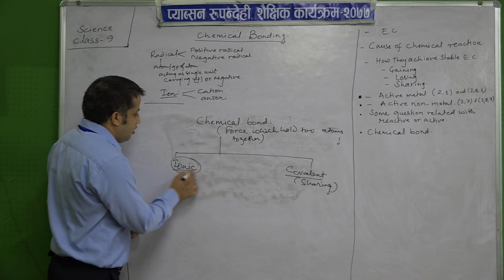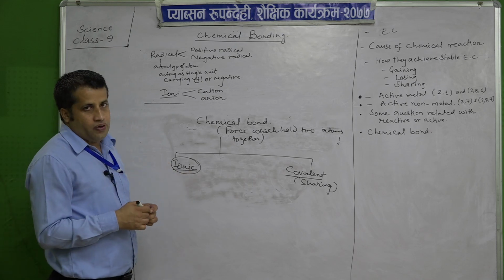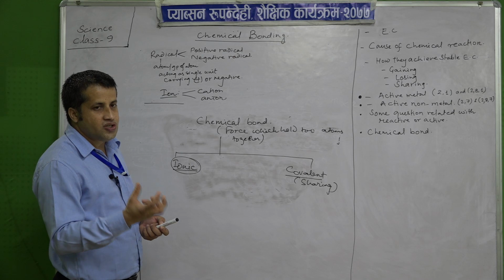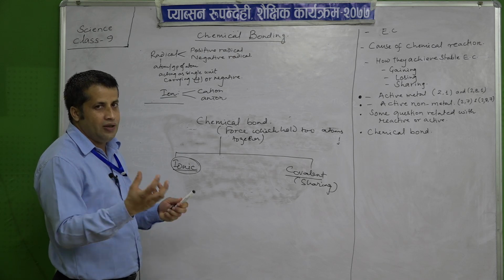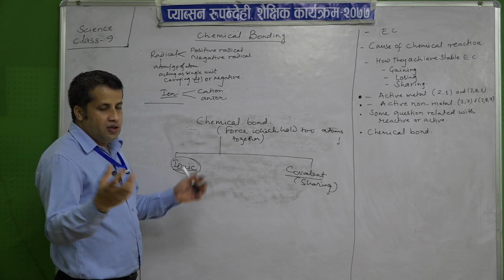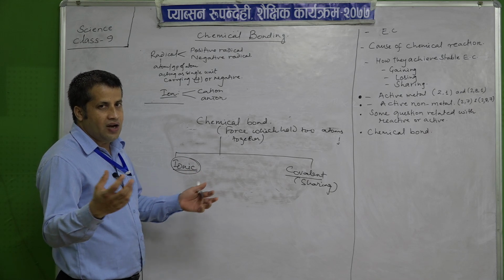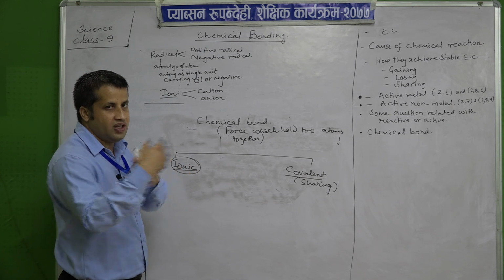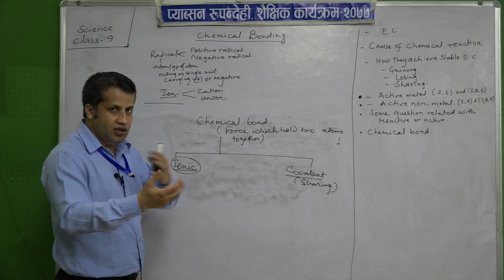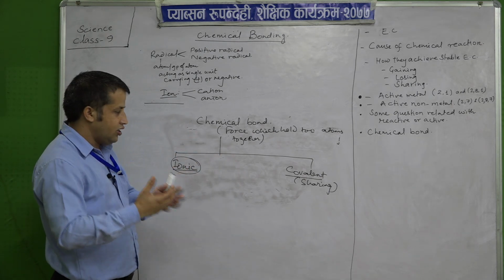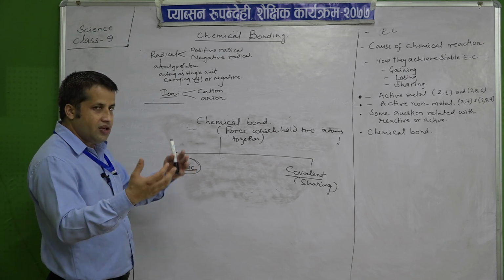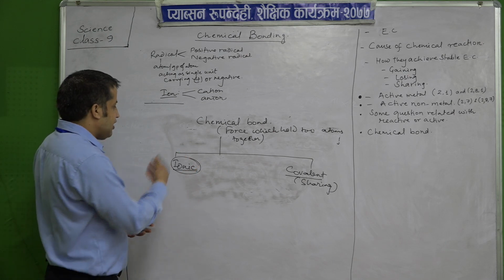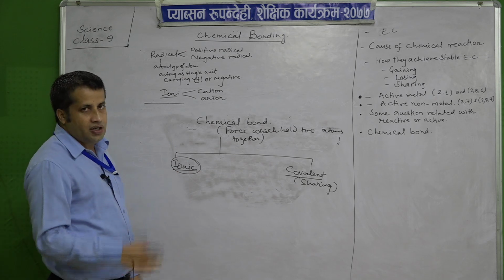Whereas, if the electrovalent bond is formed, that means there is formation of ions between two elements having different charge on them, and they are not stable with each other, they will transfer electron with each other, one will give, another will take. While there is formation of ion, that type of bond is called ionic bond.